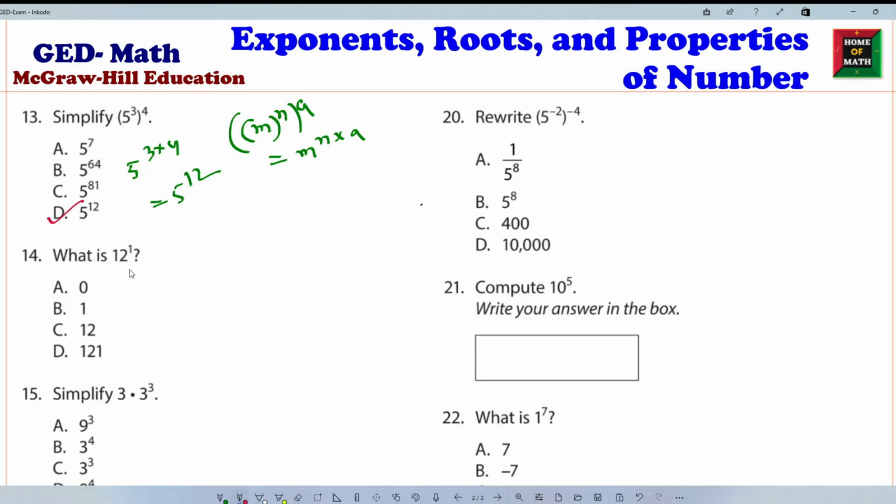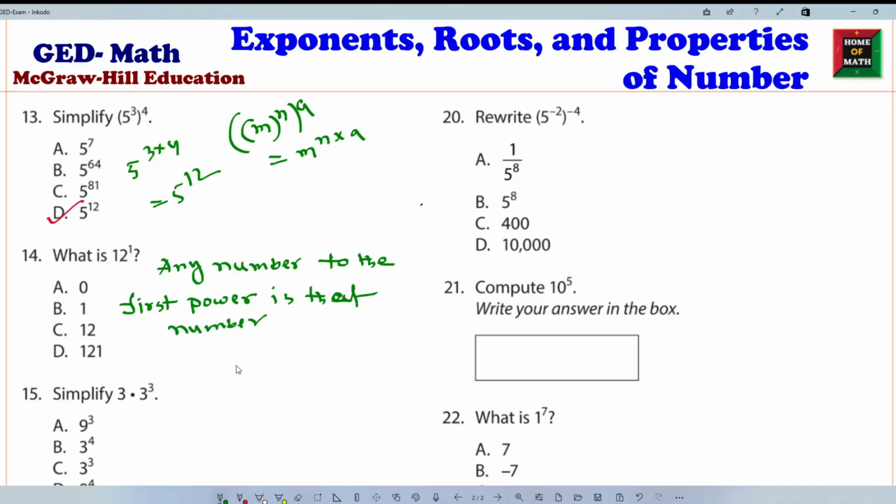What is 12 to the power 1? Look, we know we can write here, any number to the first power is that number. So what does it mean?